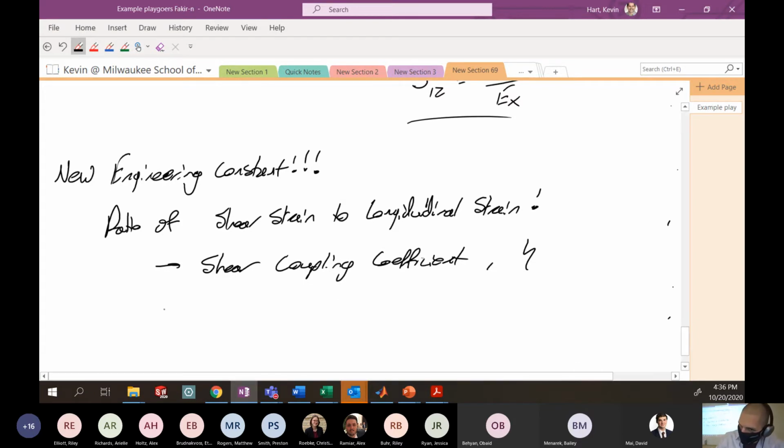Or for instance, if we have eta and we have to put a subscript on here to denote which variables we're talking about, we use xs. This is the ratio of gamma xy, the shear strain that results, divided by the longitudinal strain in the x direction.